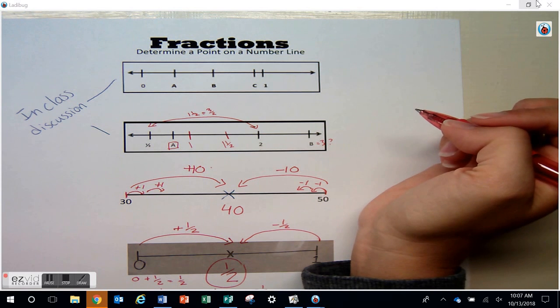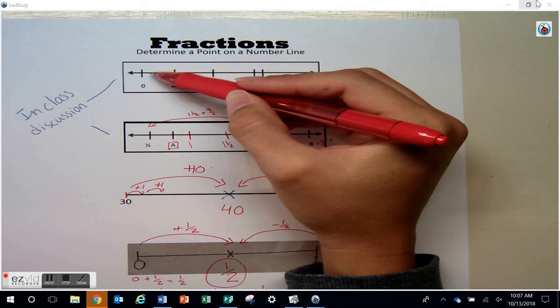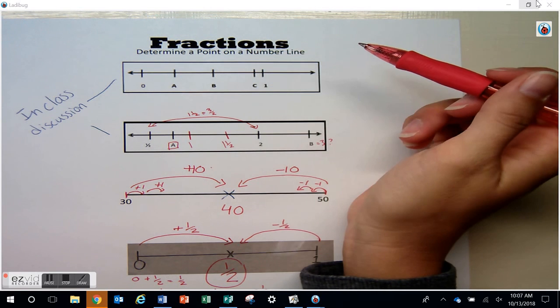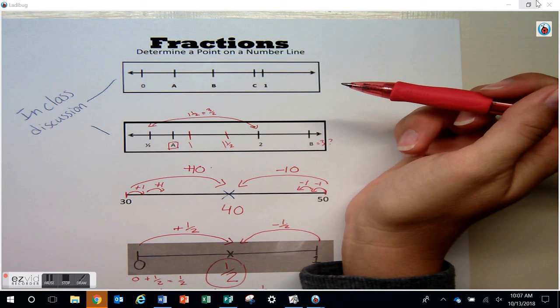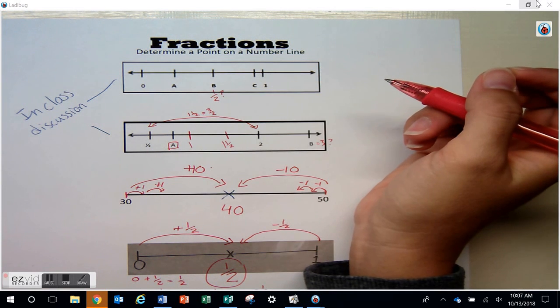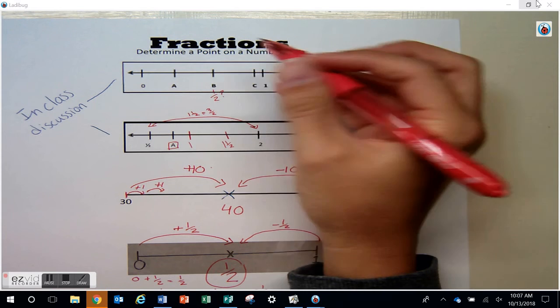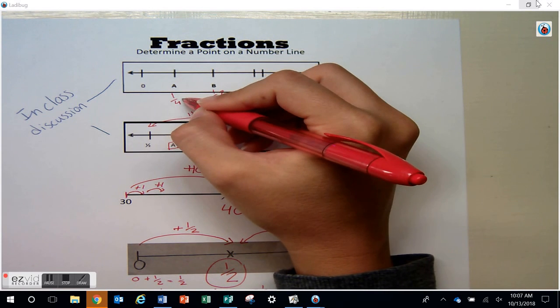Let's look at the top one. If this is 1 and this is 0, what are the possible values here? Could C be worth 1/2? No way. Could B? Maybe. B maybe could be 1/2. If B was 1/2, what would A be? A would be 1/4.